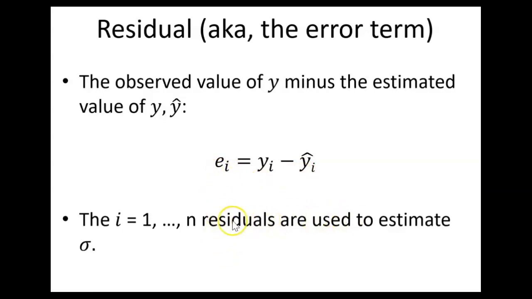These individual residuals, which have a mean of 0, are what's used to estimate the standard deviation of the regression model.